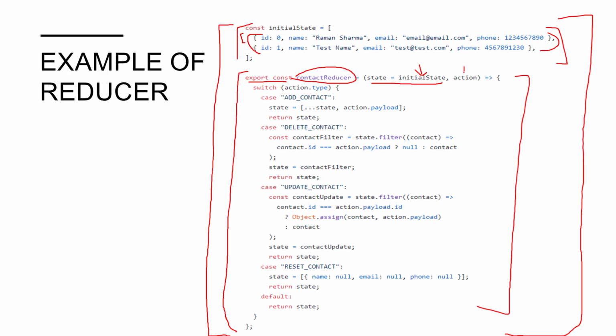And now it is taking action here. The action contains two things: first our type and then our payload. So these are our whole actions. These are the types of action: add contact, delete contact, update contact, after that reset contact. I know it is a little bit difficult, but it is very easy.